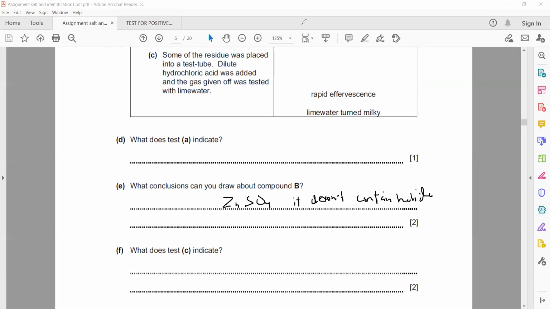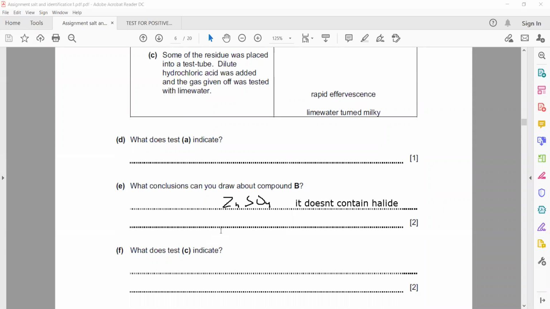There is no halide there. I'll type this. It does not contain halide ion, or does not contain halogen. That's the same thing.